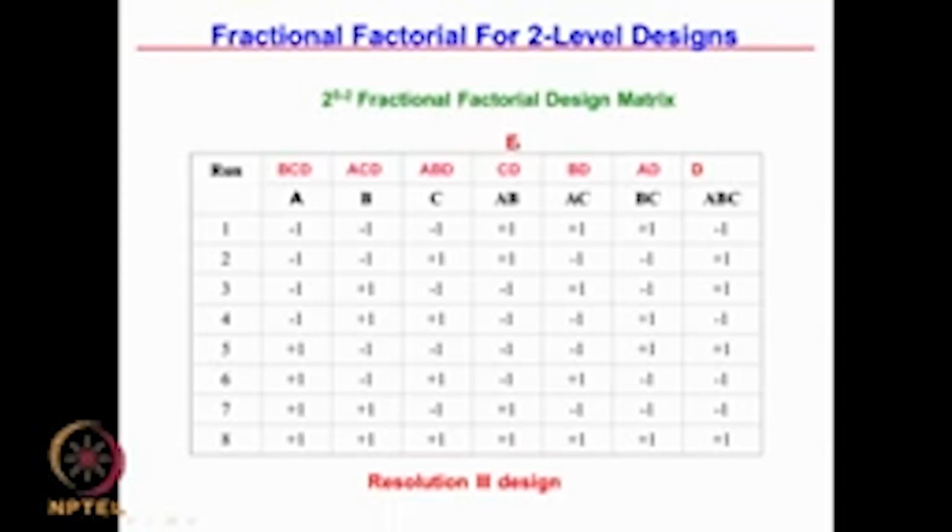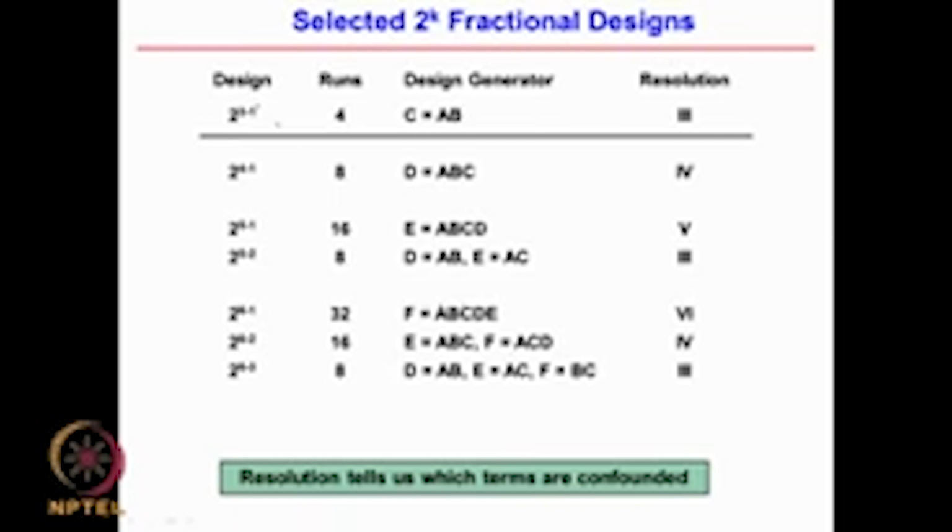We have main effects confounded with 2-way interactions, which is called a resolution 3 design, because E is equal to CD, or E equal to AB. That is called a resolution 3 design, which is generally not liked. Resolution 4 designs are okay, but resolution 3 designs are not okay, because we find a lot of confounding.